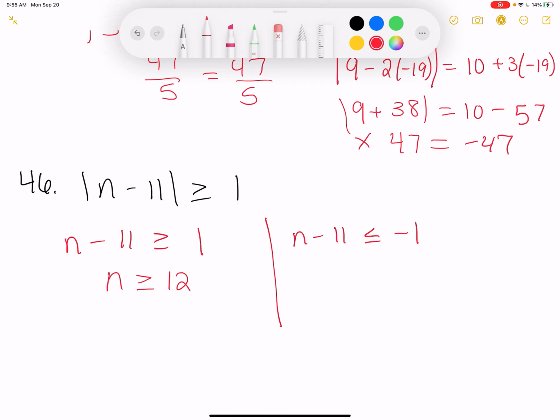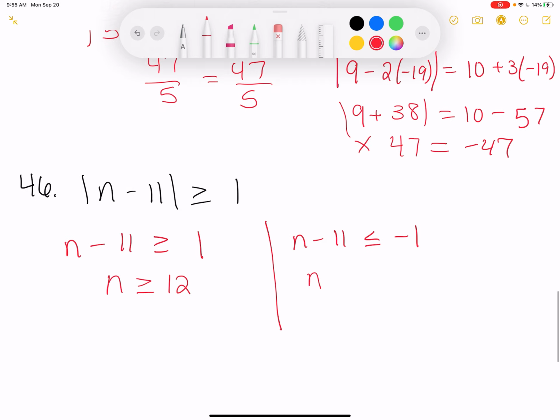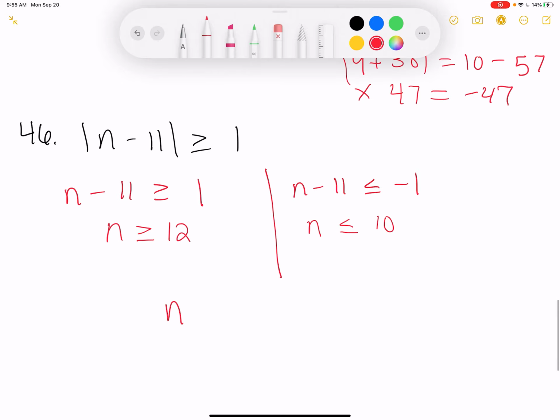Wait, I wrote my problem down wrong. So n is less than or equal to 10 or n is greater than or equal to 12. The instructions again say to graph it.